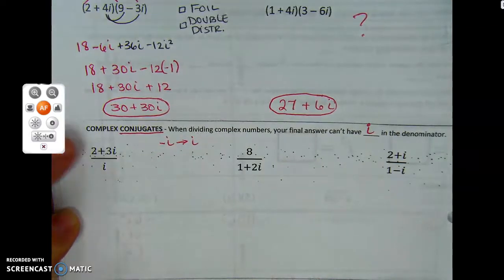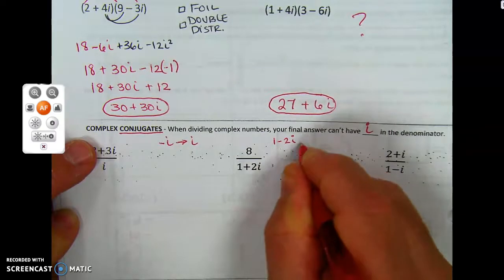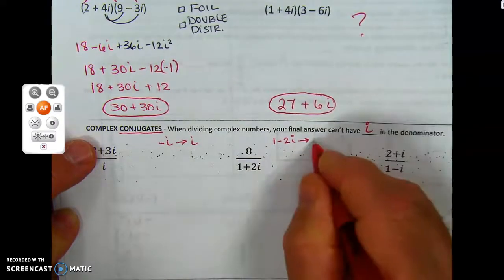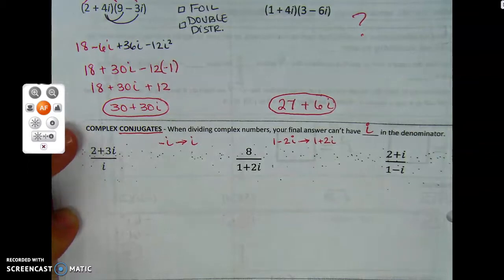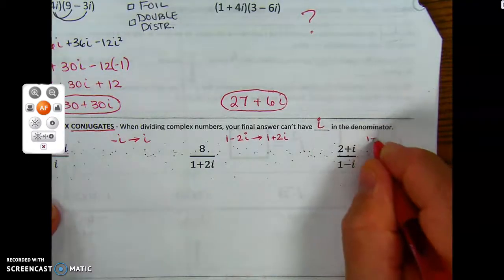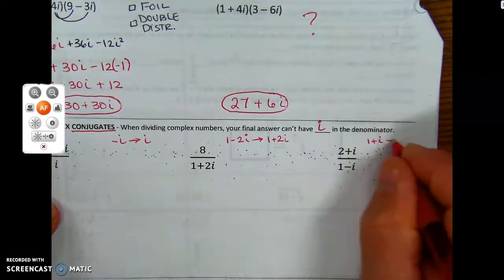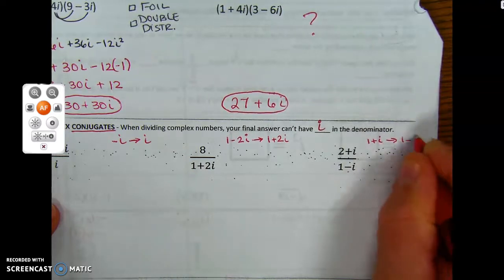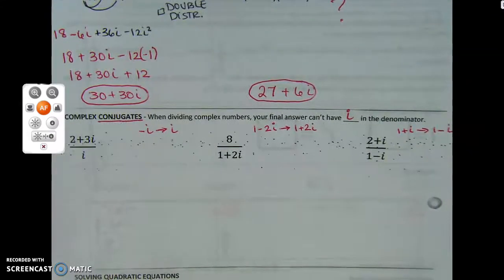Remember that. 1 minus 2i is the conjugate of 1 plus 2i. Okay? And 1 plus i is the conjugate of 1 minus i. So those are all conjugates, what I've written up there in red, okay?